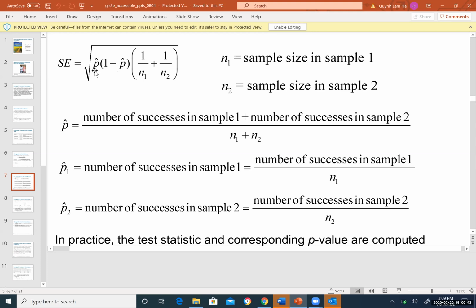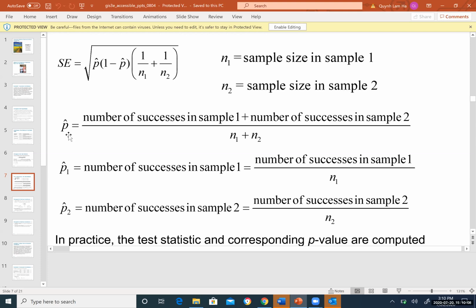This P hat represents the sample proportion. Times 1 divided by n subscript 1 plus 1 divided by n subscript 2. N subscript 1 is the sample size in sample 1, and n subscript 2 is the sample size in sample 2.